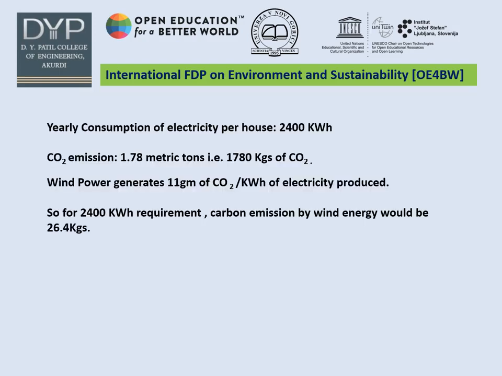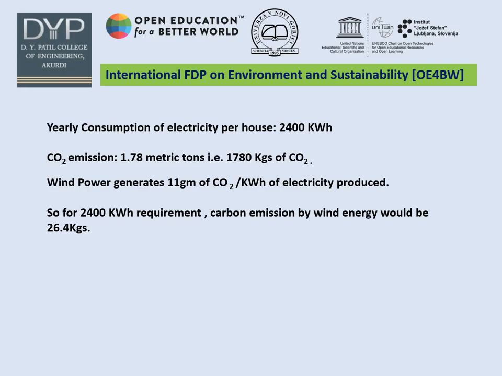So, looking at the yearly consumption of electricity as I have calculated per house, it is 2400 kilowatt hours. Carbon dioxide emission came out to be 1.78 metric tons, that is 1780 kilograms of carbon dioxide. Wind power generates 11 grams of carbon dioxide per kilowatt hour of electricity produced.